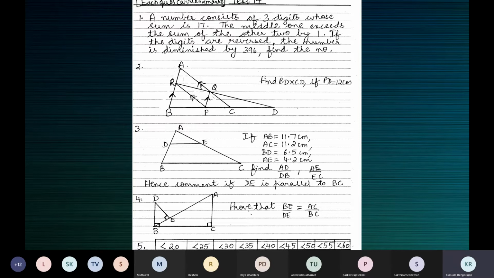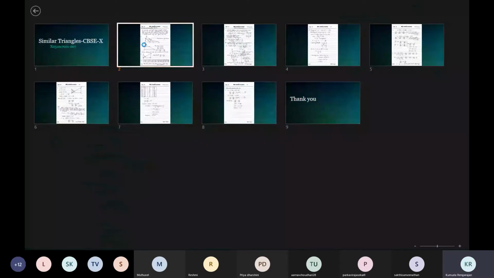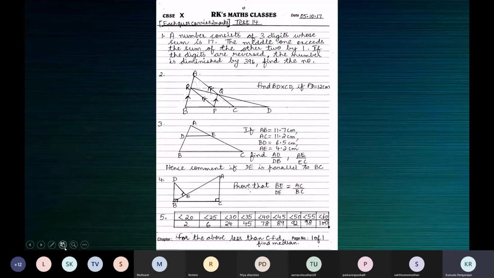Just to enable the class to do it, let me give you some instructions. Assume the digits in the hundreds place, tens place, and ones place as X, Y, Z. All of you do that? I hope you've written the question.